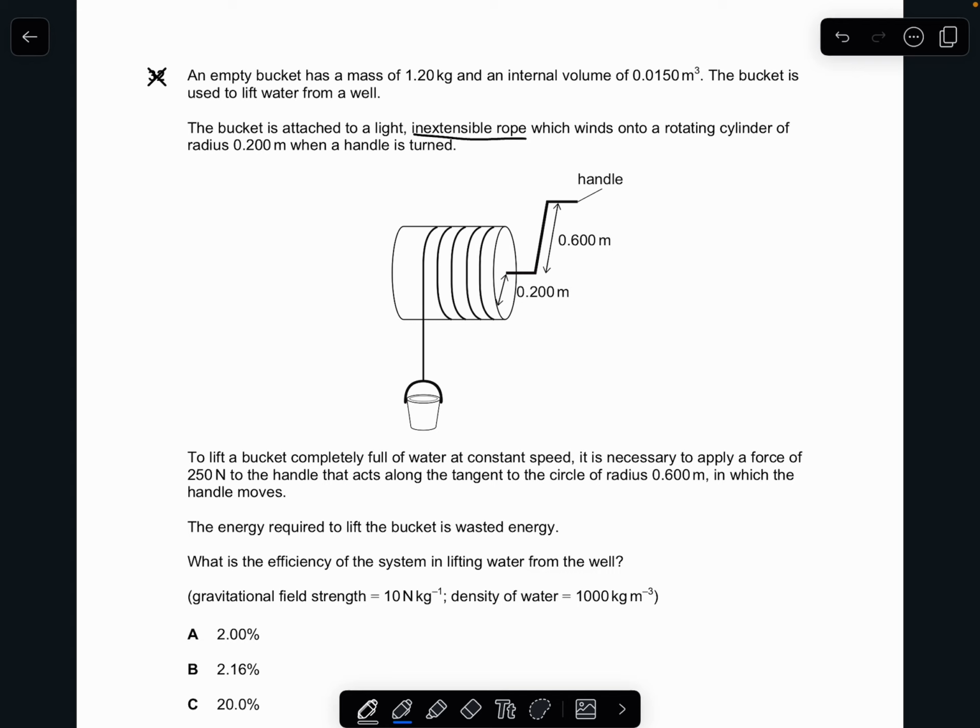I guess we need to calculate just the mass of the bucket. Yes, it should be something like this.